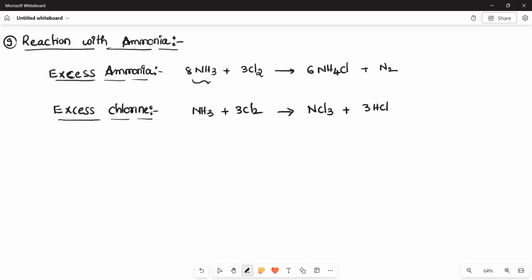If NH3 is in excess and chlorine is limited, every NH3 wants chlorine, then it will form NH4Cl as usual. If Cl2 is more than NH3, then every hydrogen in the NH3 will be replaced by chlorine only. That will be NCl3 plus 3HCl. So these are the various important reactions of chlorine. Mostly we are discussing the oxidation reactions of chlorine.